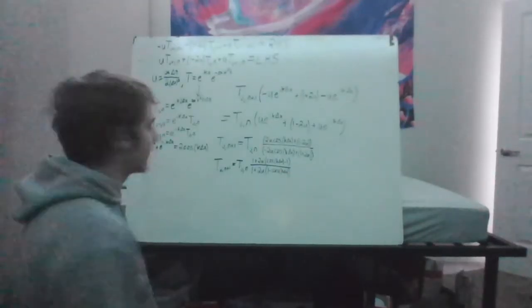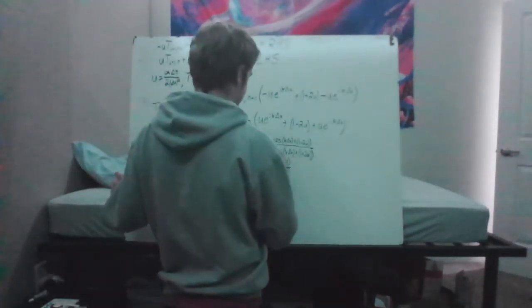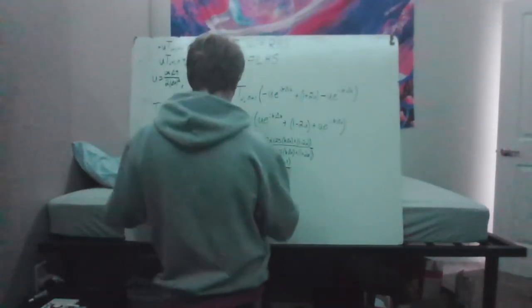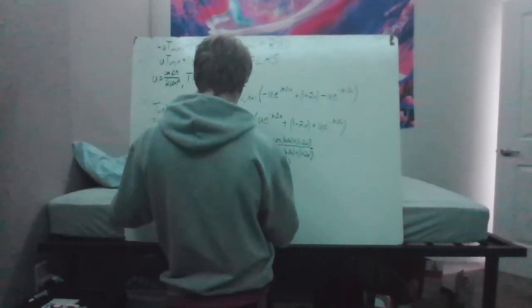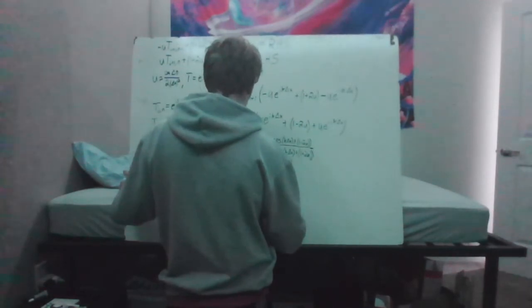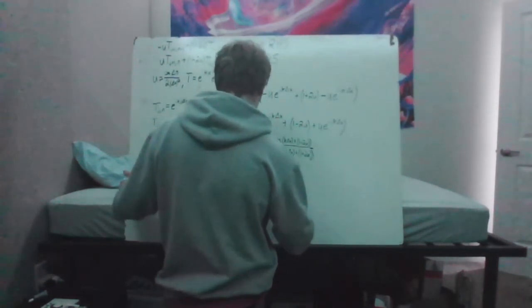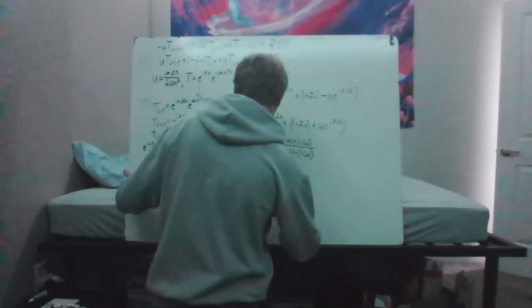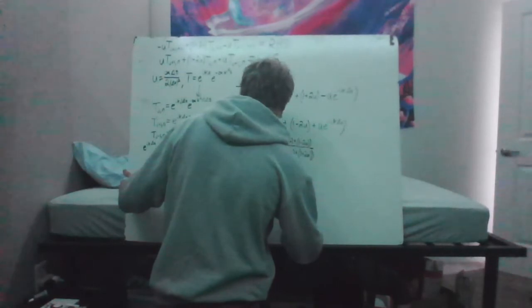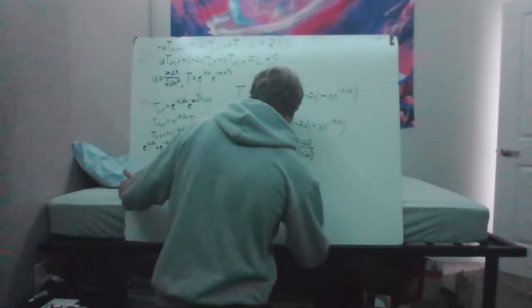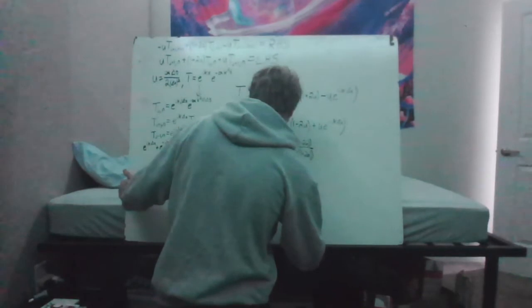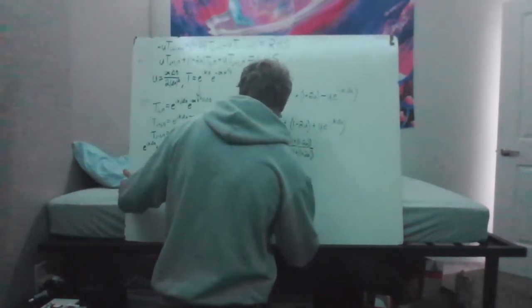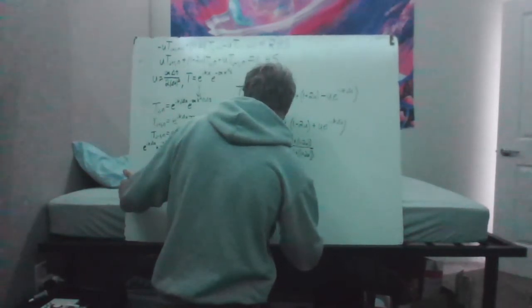And now we can also rearrange the top so that this portion is the same as the bottom. If we do that, we will get 1 minus 2u on the top now, and then 1 minus cosine k delta x. And again, the bottom will stay the same.